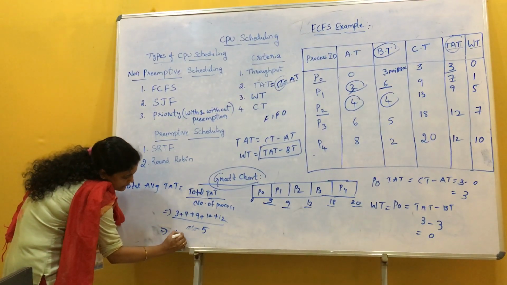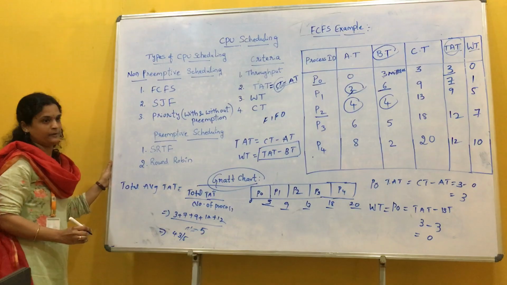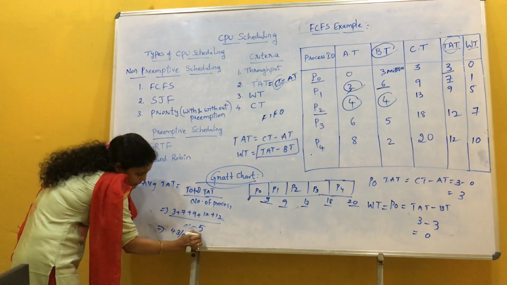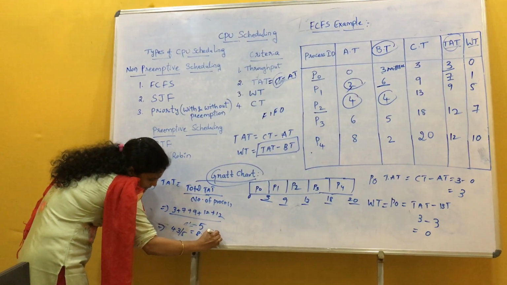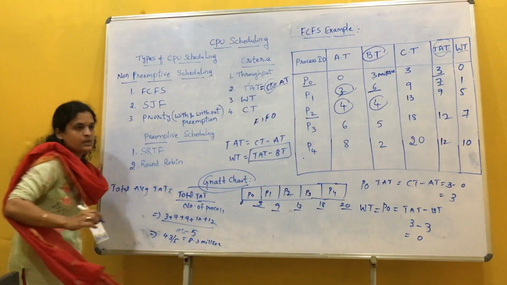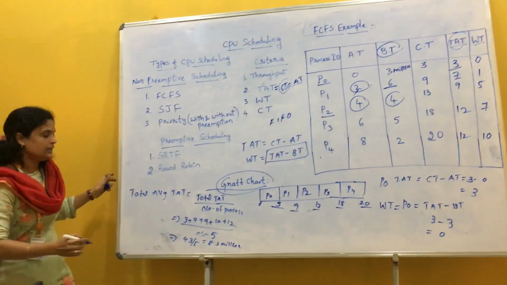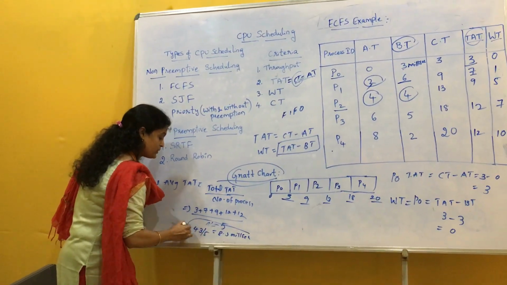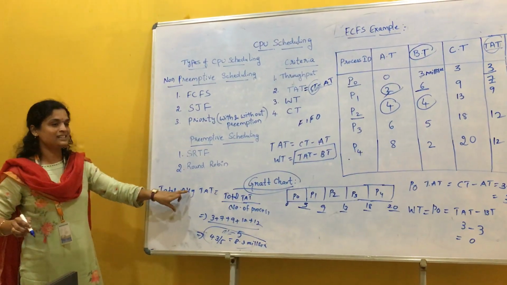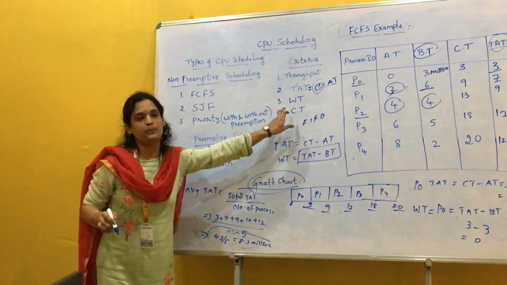So the total turnaround time is 43, and 43 by 5 gives an average of 8.6 milliseconds. This is the average turnaround time of the processes.